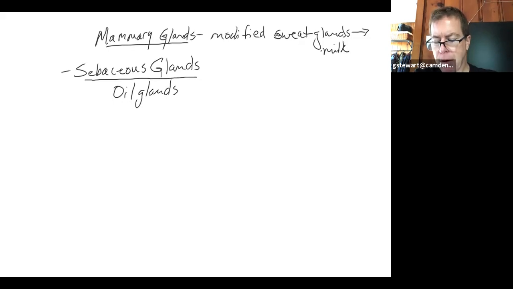So if I have time, I'll draw a hair follicle toward the end of this lecture. But these are pretty much found everywhere. They're associated with hair follicles, so everywhere we have hair. So found everywhere except the palms of the hands and the soles of the feet.